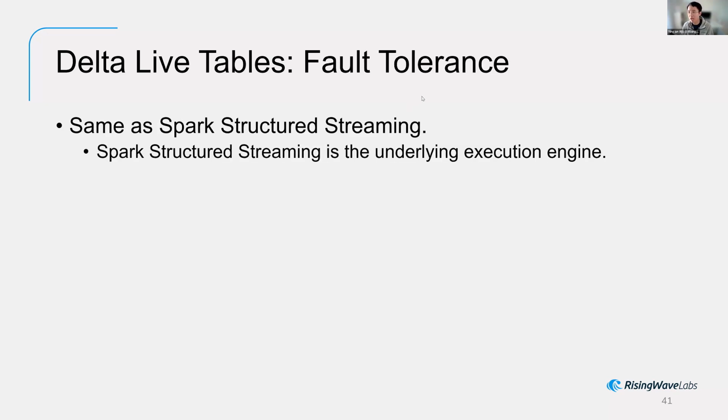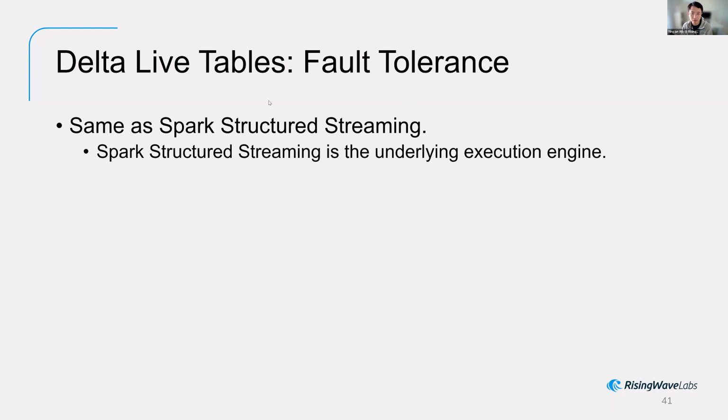Okay, and in terms of fault tolerance, that's also a pretty interesting topic, because for Spark, it actually does not really need to. It uses the so-called mini batch mechanism, so that you can recover from failures instantly. That's definitely a pretty cool part.